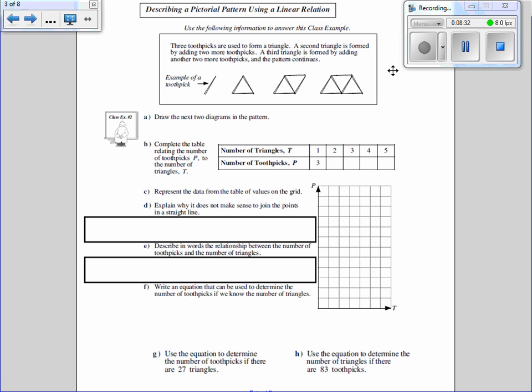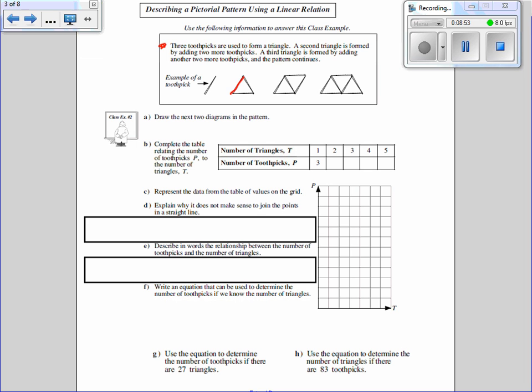Alright, a little word problem to get us going. What we're going to do is create equations in this unit and learn how to graph them. This question talks about toothpicks. There are 3 toothpicks used to form a triangle, as you can see here. 1, 2, 3.